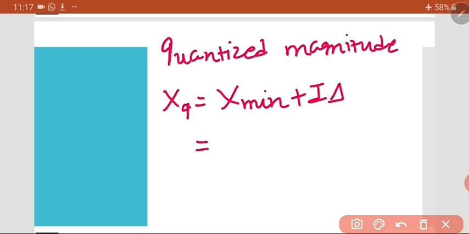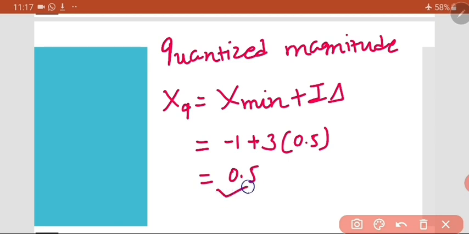The value of x min is -1, plus the index value for the first sample we found, which is 3, times the step size, which is 0.5. So the answer is 0.5. So the value of xq for the first sample is 0.5.